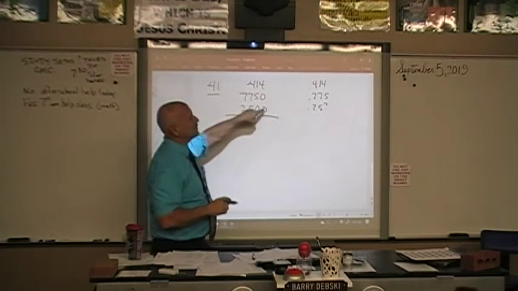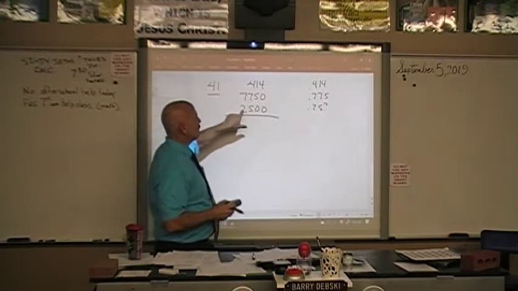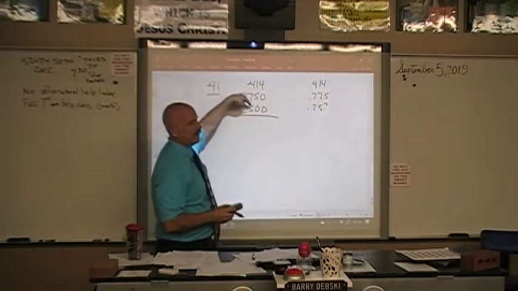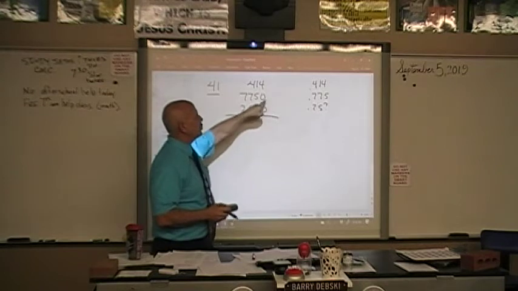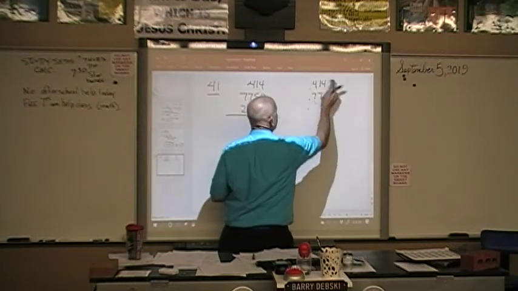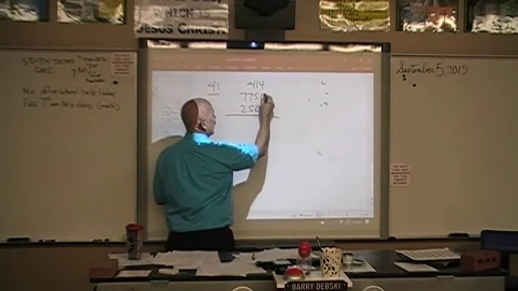I'm going to treat these zeros as question marks because they're placeholders. This is really only 2.5 times 10 to the third. This is really 7.75 times 10 to the third. I'm not sure about those last digits. So I'm going to treat these like I did when we did the decimal problems, as question marks.